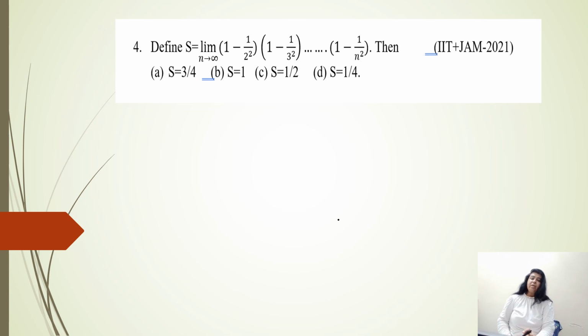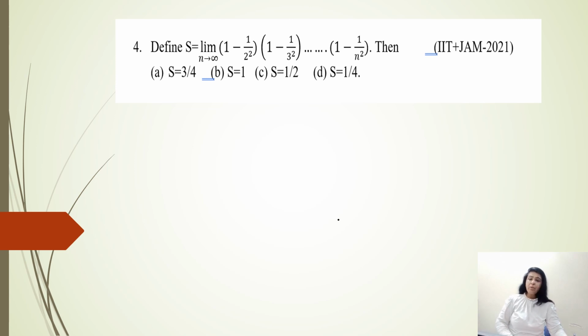Next, you have to define S which is equal to the limit as n approaches infinity of 1 minus 1 by 2 square, 1 minus 1 by 3 square, up to 1 minus 1 by n square. You have to find the value of S. The options are 3 by 4, 1, 1 by 2 and 1 by 4.